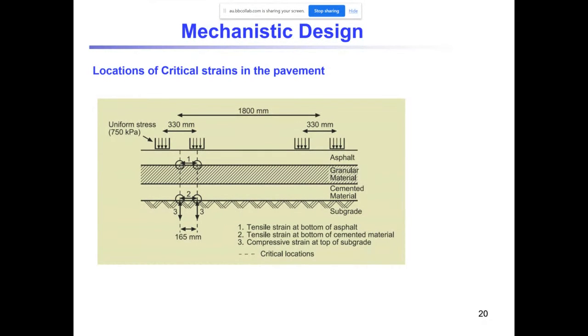The maximum strains are generally either below one wheel or midway between two wheels. These are the places where we get the maximal strain. So we need to check the strain along these two lines.